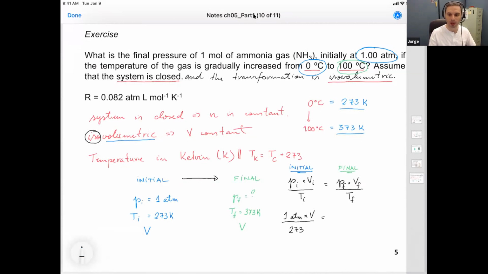This has to be equal to the final pressure that we are looking for times the final volume that we also called V, divided by the final temperature, 373. And remember, the temperature has to be in Kelvin all the time.